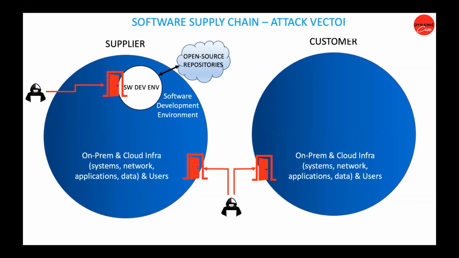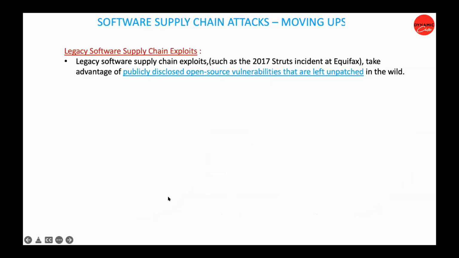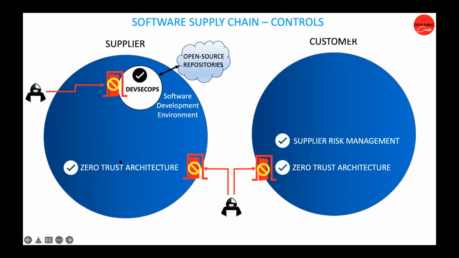Now, these are the basic vectors. The controls on this: you bring in robust DevSecOps for the software development environment, and stop this guy from getting in. Implement zero trust architecture for your infrastructure, which both the customer and the supplier do.